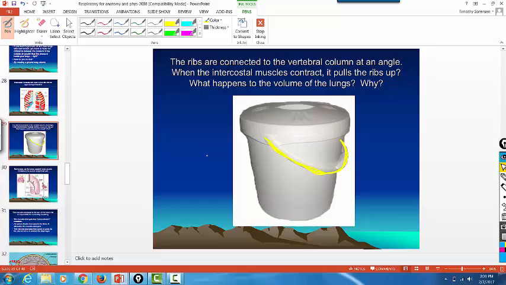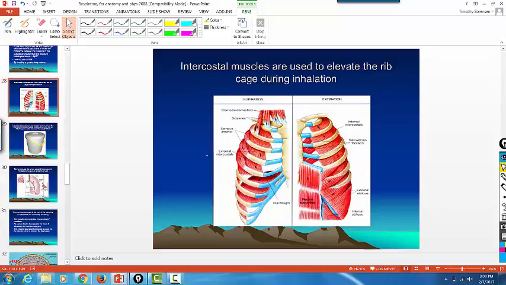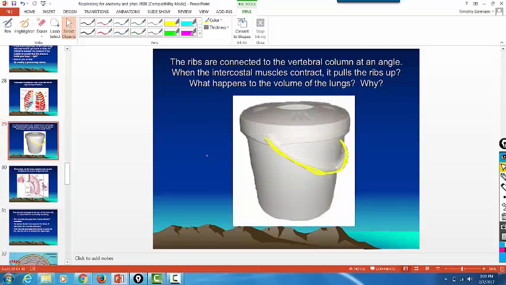And in between the ribs are muscles called intercostal muscles. So in times where you need to get more air into your lungs, you will begin to use the intercostal muscles. And when you use the intercostal muscles, it will contract the rib cage and raise it up.